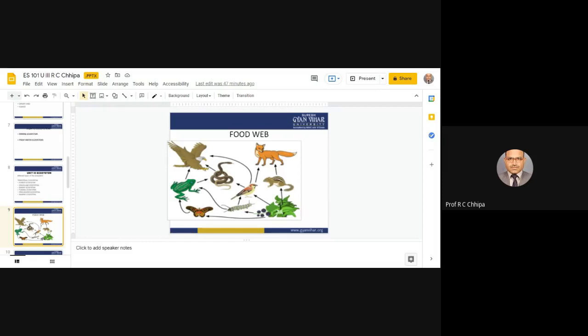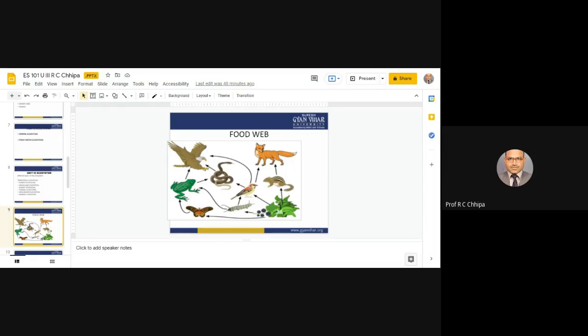So this one clearly indicates that in an ecosystem, all those things form a food web. Food web: different food chains connect with each other, and they form a web. Here we can see different food chains. The birds eat that particular producer.